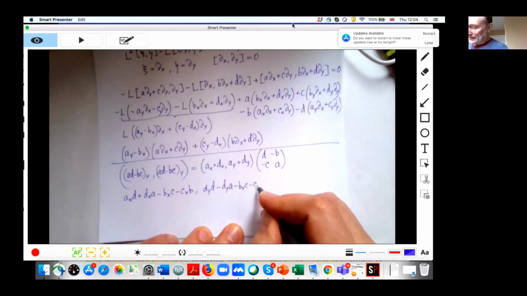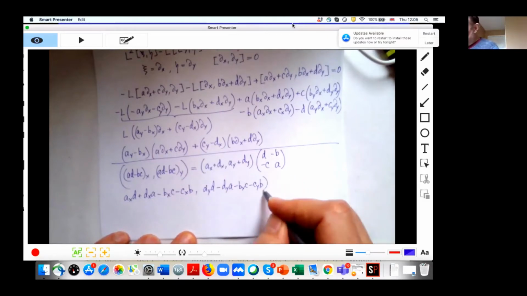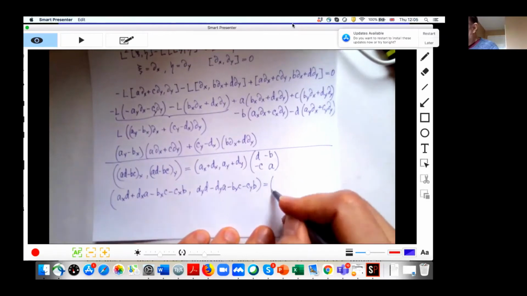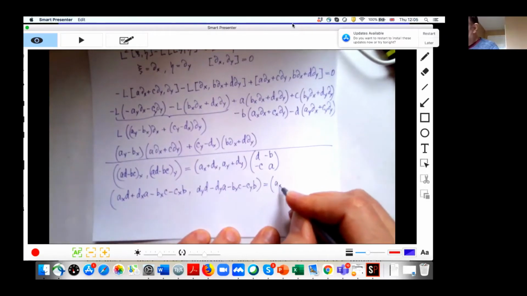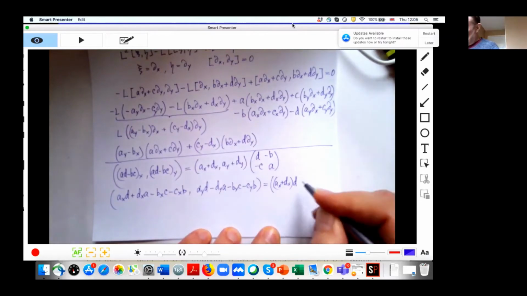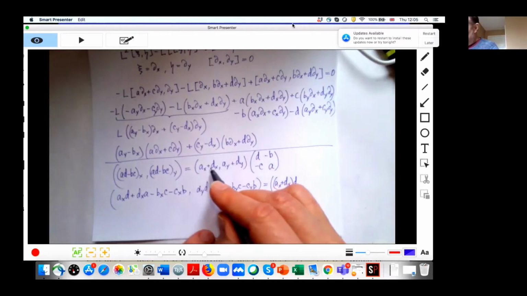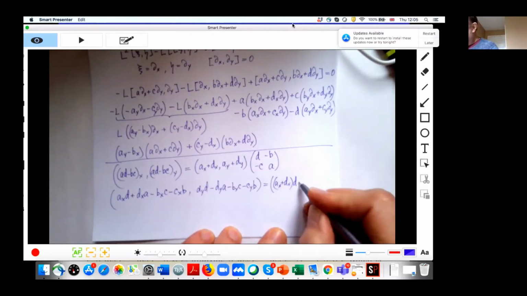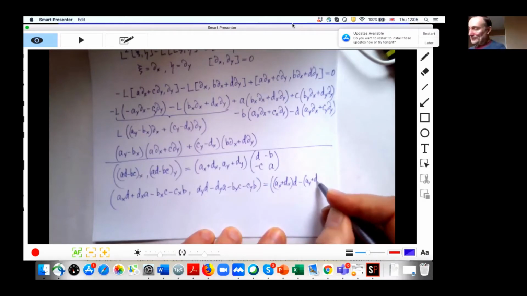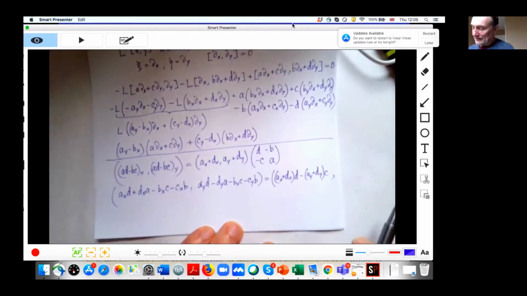Okay, and that is equal to ax plus dx times d, and minus ay plus dy times c. So this is the first component. So this must be equal to that.